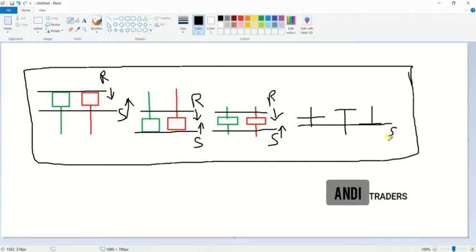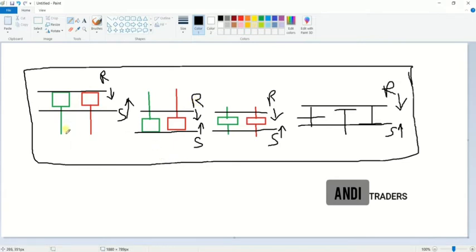If we have a support level, we can trade up, and if we have a resistance level, we can trade down. So these are the reversal candlesticks at the SNR level. You can see if we have a resistance level at the top of this candle, the market will reverse, the market will go down. And if we have any support level in this area, we can go for a call, the market will go up.